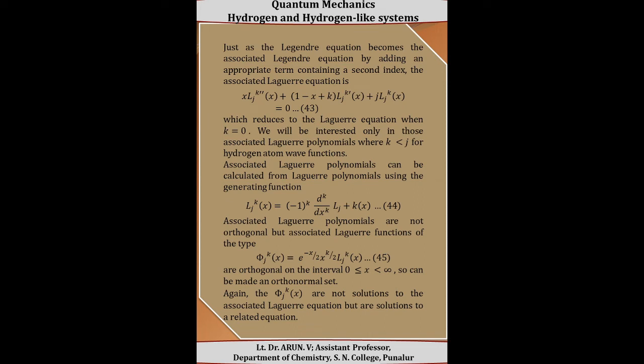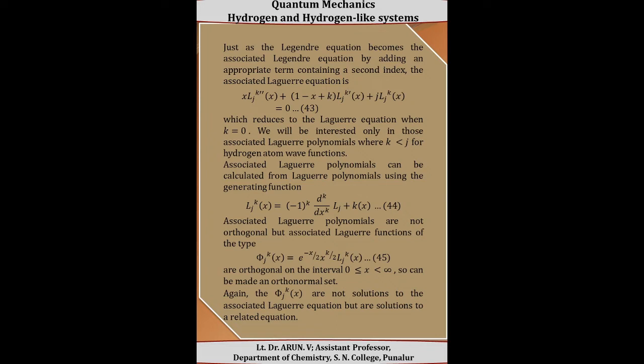Just as the Laguerre equation becomes the associated Laguerre equation by adding the appropriate term containing the second index, the associated Laguerre equation is x L_j^k''(x) + (1 − x + k) L_j^k'(x) + j L_j^k(x) = 0.